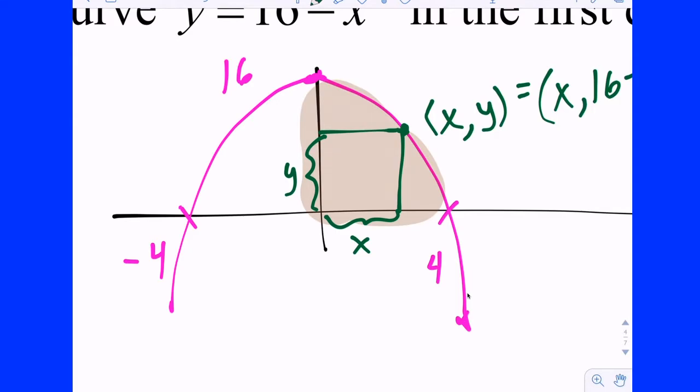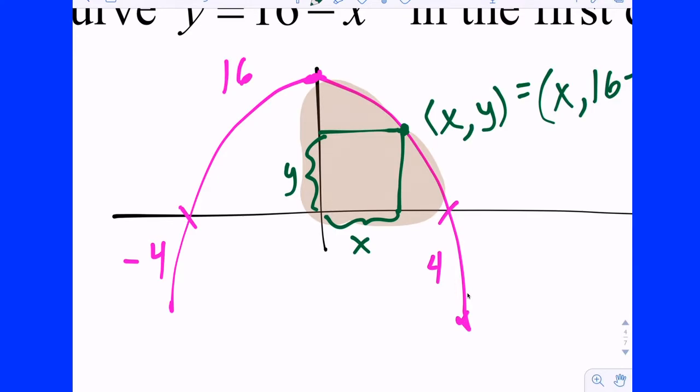So I think 0 is a safe lower bound. And what would be the biggest x could be? 4. Now, if x were 4, what's happening to the height of that rectangle? It's going to 0. So I should have a 0 area when x is 0 and when x is 4.